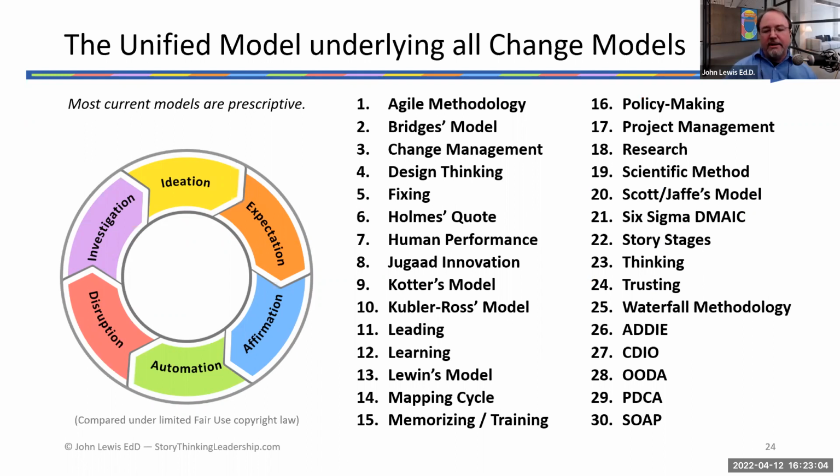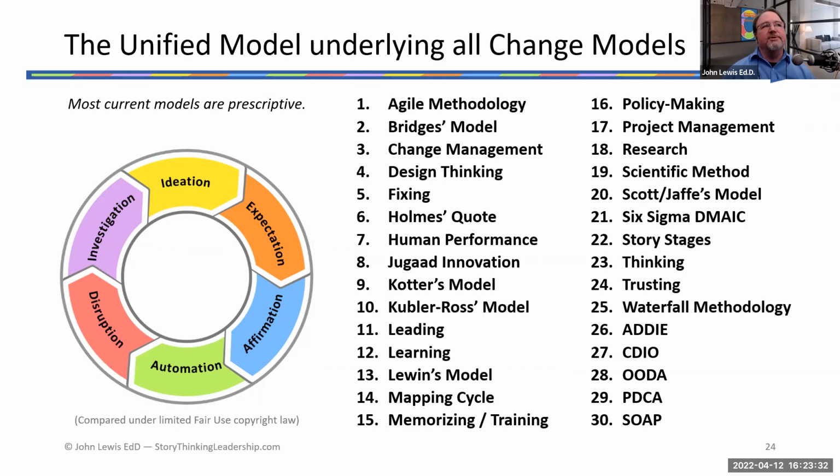I tried to do this with my audiences and look at in chat. If you wouldn't mind typing the number of the model that you're the most familiar with, or you like the most, or you're certified in, or that resonates with you. Just go ahead and chat and put the number in that is the model that you think of when you think of change, or that you use the most, or that you like the most.